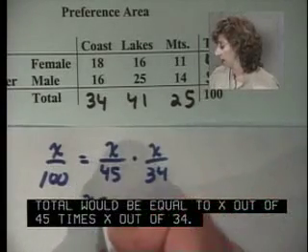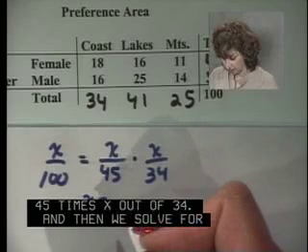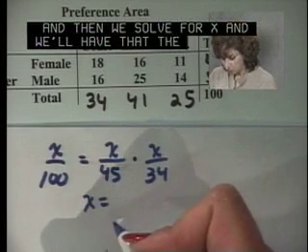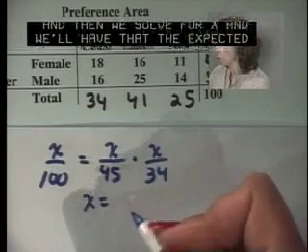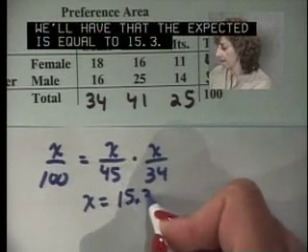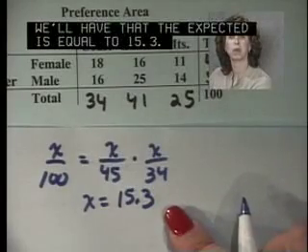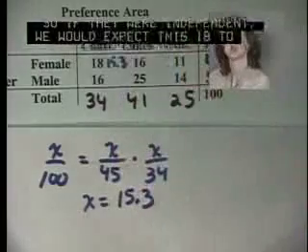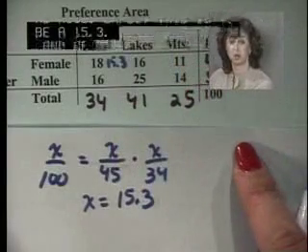Then we solve for x, and the expected is equal to 15.3. So if they were independent, we would expect this 18 to be a 15.3. And we could do the same for each one of these.